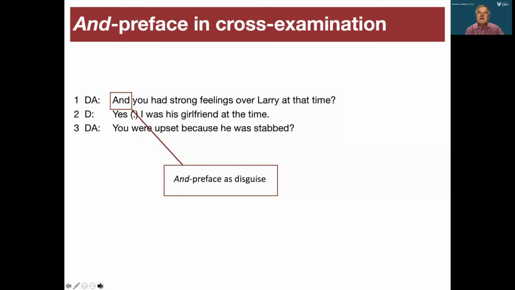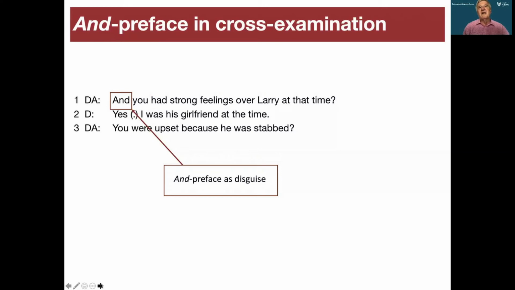"And you had strong feelings over Larry at that time." He's in a sense neutralizing that question by treating it as just a straightforward, neutral kind of agenda, a routine question. And I wouldn't say she falls for it, but she does answer yes.